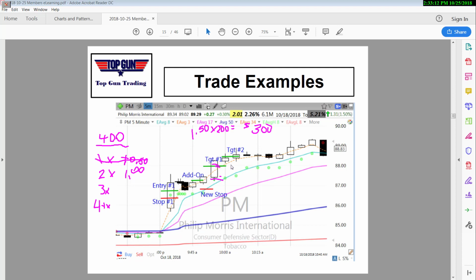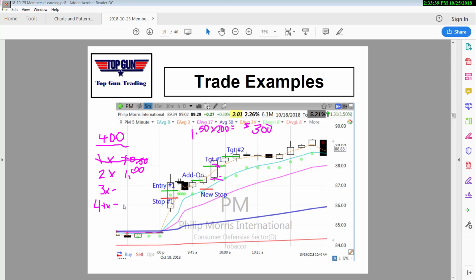And then what I'm doing is I'm trying to say, well, how much can I squeeze out of this one? Can I get to 3? Can I get to 4? Well, where's 3 times? That's $1.50 on top of 86.50. In fact, 87.50, 88. That's 3 times, 4 times.